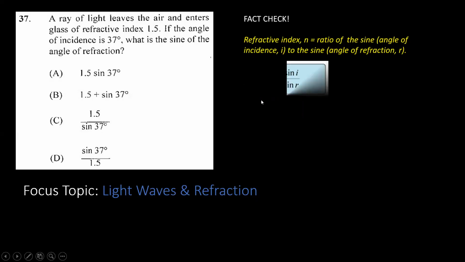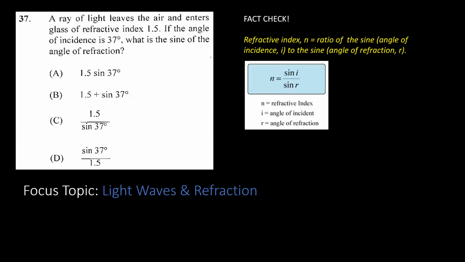Therefore, if we transpose for the sine of the angle of incidence, which is 37, we have that 1.5 is equal to sine 37 over sine r. And therefore, sine r would be equal to sine 37 divided by 1.5. So your answer should be D.